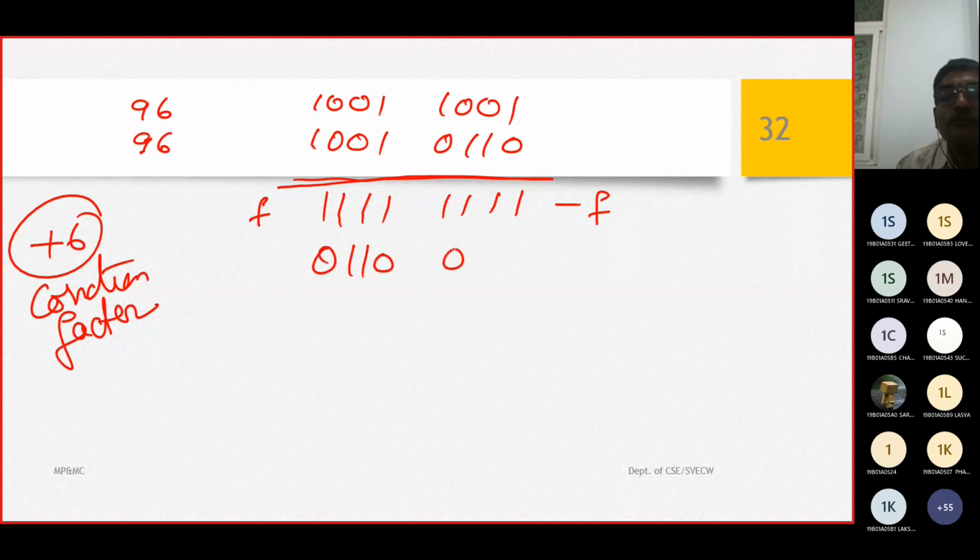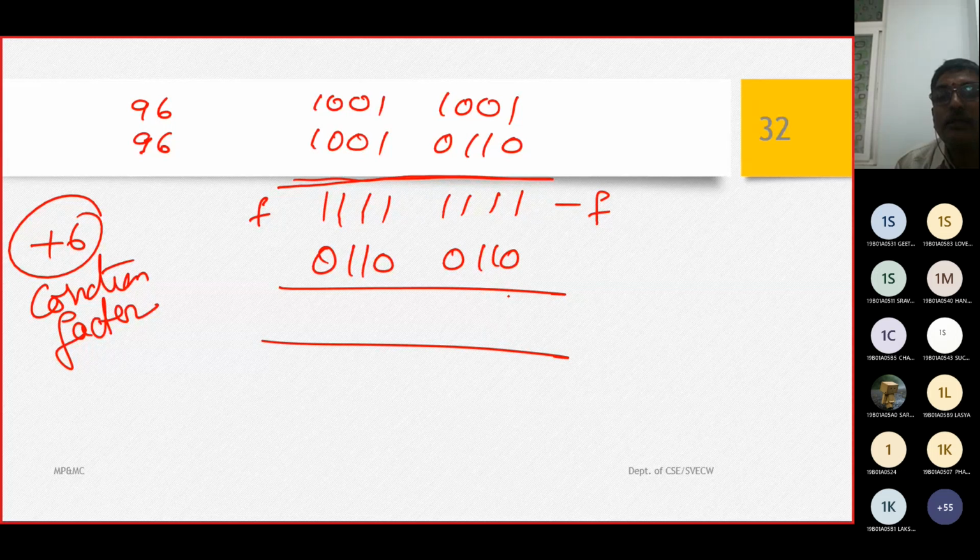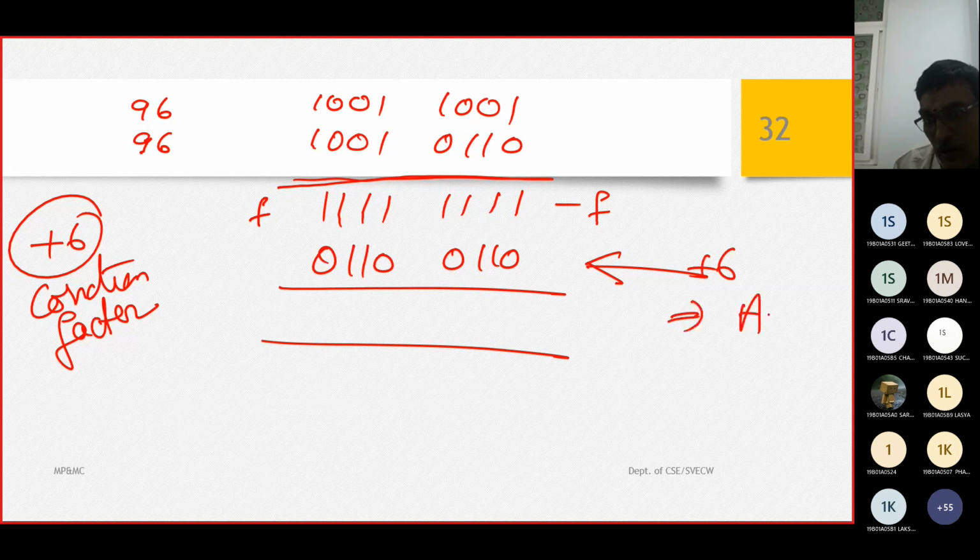So obviously, when we are going to add plus 6, it implies auxiliary carry flag is equal to 1.